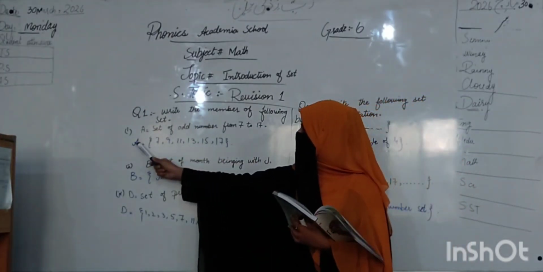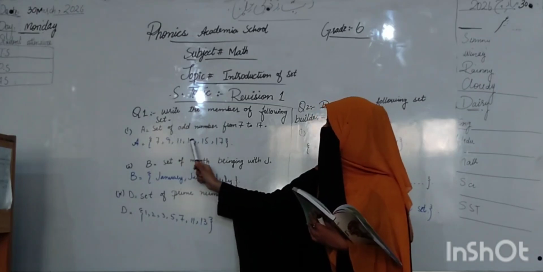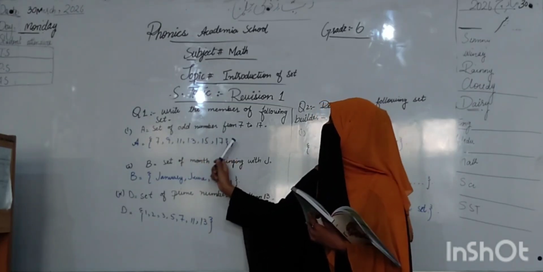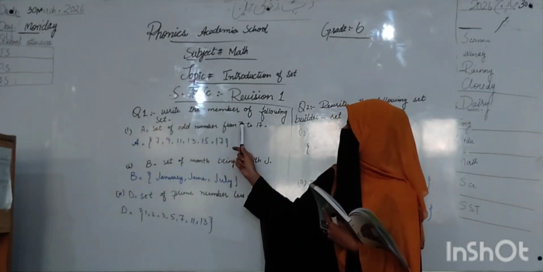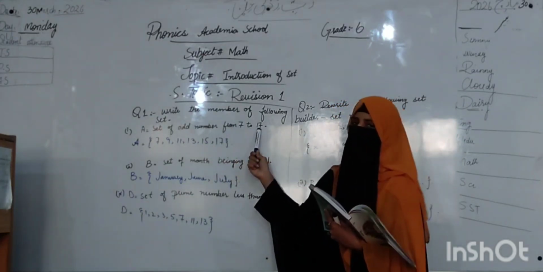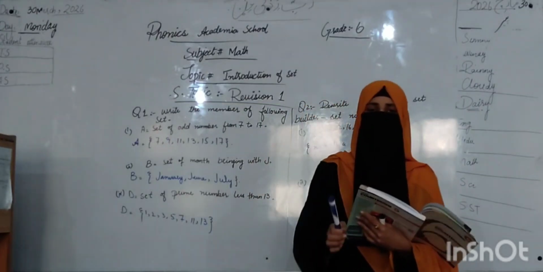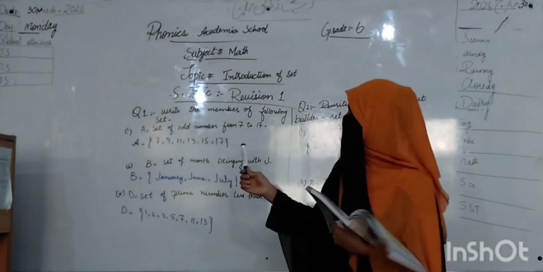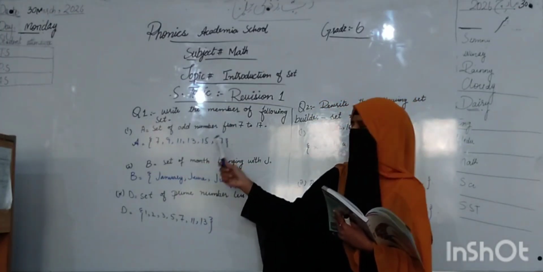So set A is equal to 7, 9, 11, 13, 15, 17. They are whole numbers, and they start from 7 because the statement says to start from 7. So from 7 to 17 all the odd numbers are written in the bracket. So set A is equal to 7, 9, 11, 13, 15 and 17.